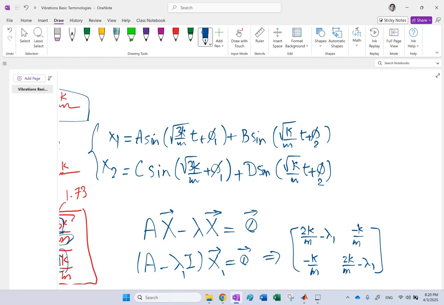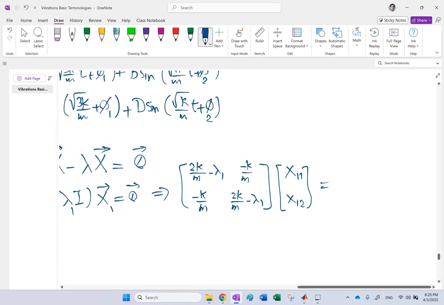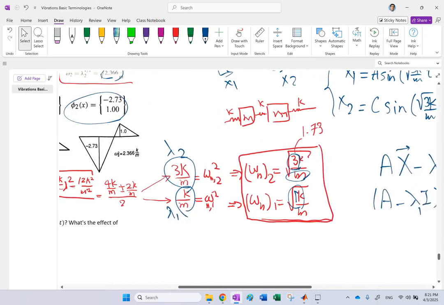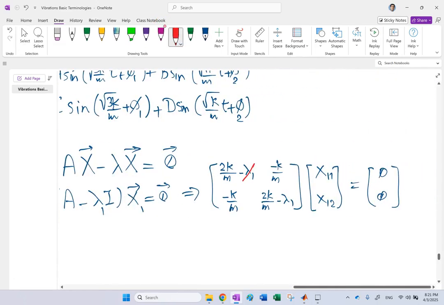Now x1 is a 2 by 1 vector, so I can put two numbers in it, whatever you want, a and b, or you might call it x11 and x12. So this is equal to 0, 0. Now I need to replace lambda 1 here. Lambda 1, if you go back and look at it, is k over m. So I have to come back here and replace it by k over m.